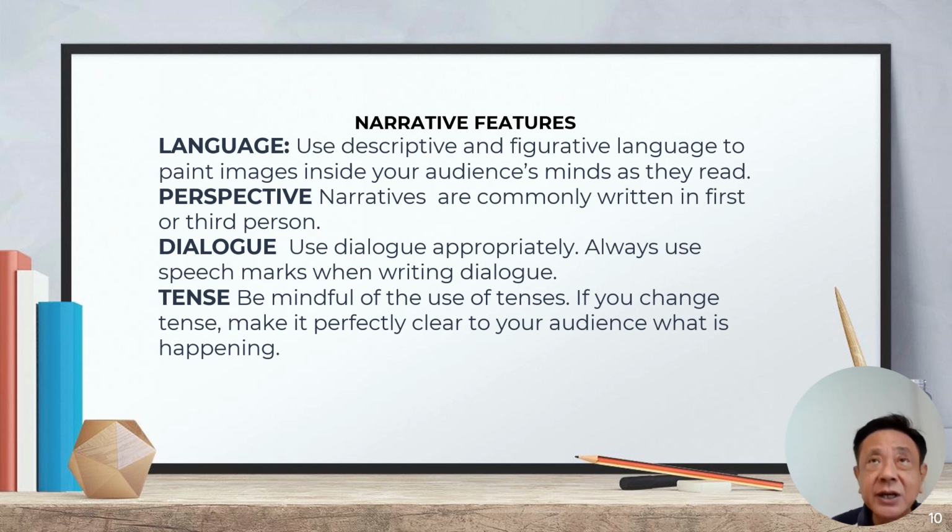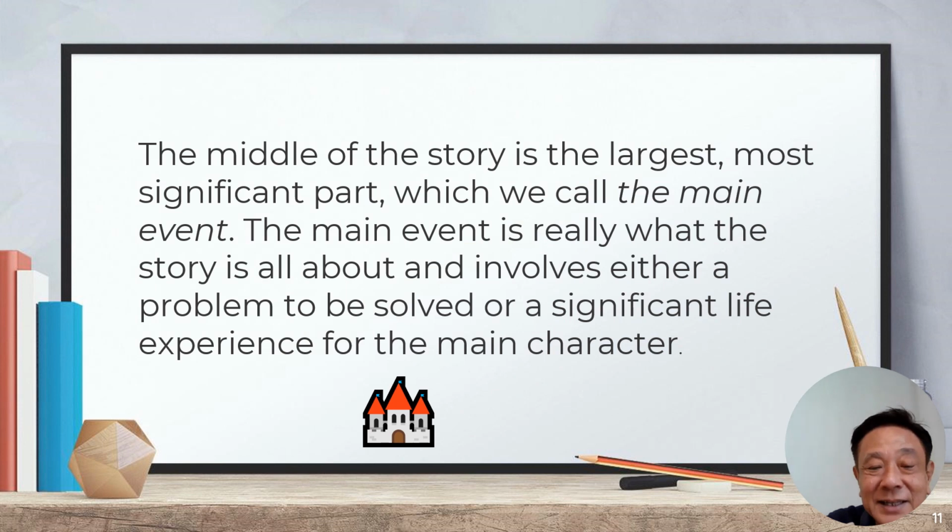All right. Now, narratives usually have dialogues, but they have to be used relevantly and appropriately, and also be very mindful of the use of tenses. Now, the middle of the story, which is the body, is actually the largest, most significant part. It's usually also known as the main event. And this is where the story really is.